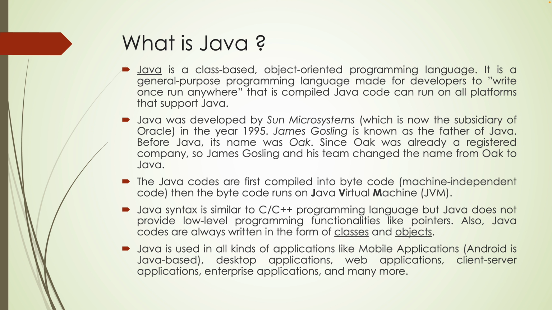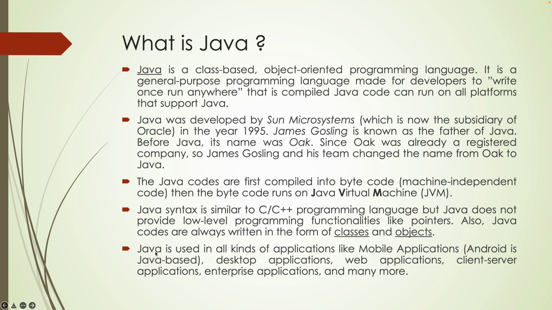The second last point is Java syntax is similar to C or CPP programming language, but Java does not provide low level programming features like pointers. Also, Java code is always written in the form of classes and objects.